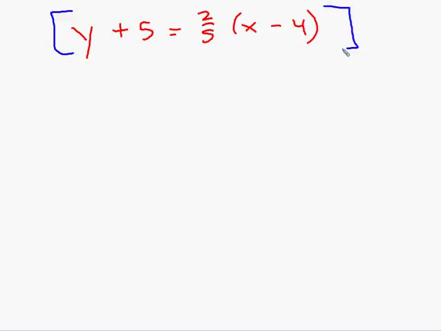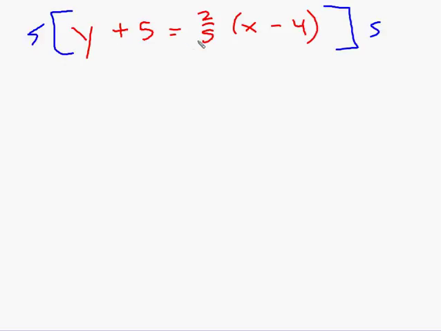Pay attention. Let's say we have y plus 5 equals 2/5 x minus 4. And I say, get that into slope-intercept form. What do we do first? We clear the fractions by multiplying by 5.